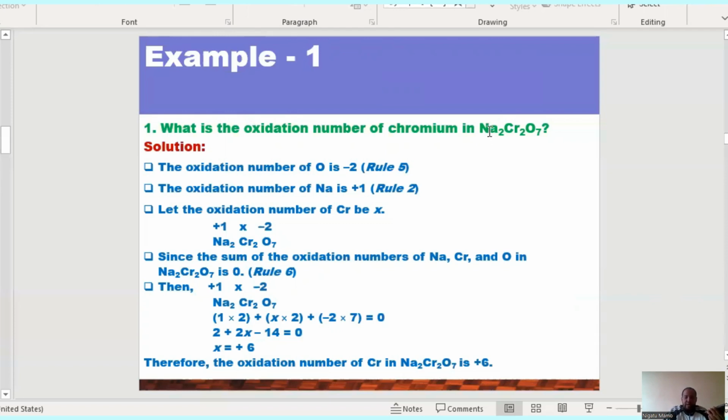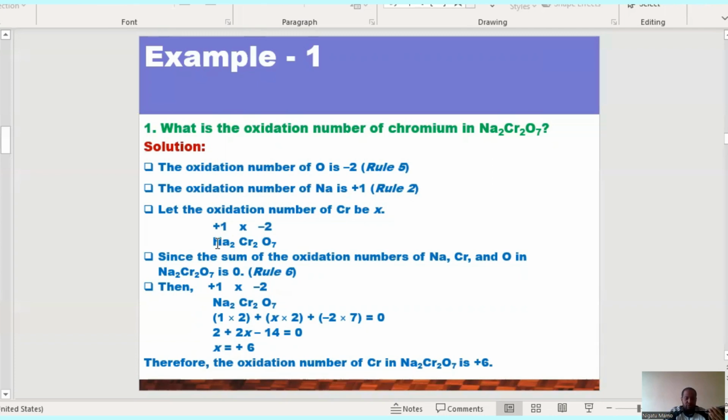The group 1A elements have a positive 1 charge. Oxygen in most compounds is negative 2. Referring to rule number 8, the oxidation number of sodium is positive 1. Referring to rule number 2, let the oxidation number of chromium be X. Okay, plus 1.